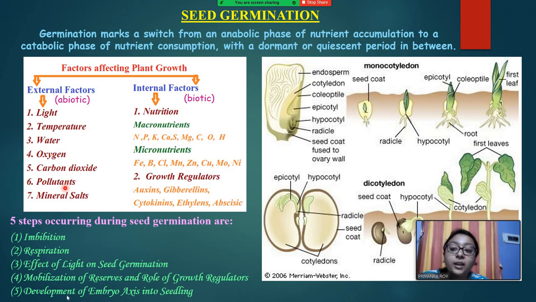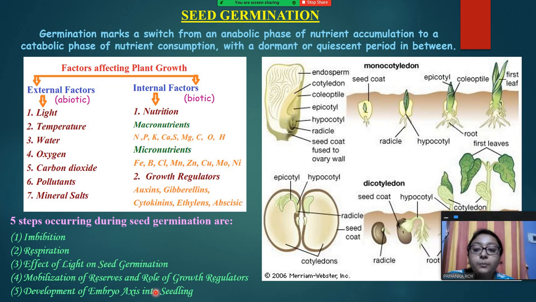Oxygen has to reach there, and there is the effect of light; we all know that without light this cannot happen. And there will be mobilization of reserves and the role of growth regulators, which I already mentioned, and development of the embryo axis into the seedling. So the axis, like the shoot and root apex, needs to be determined properly so that the seedling can start developing.